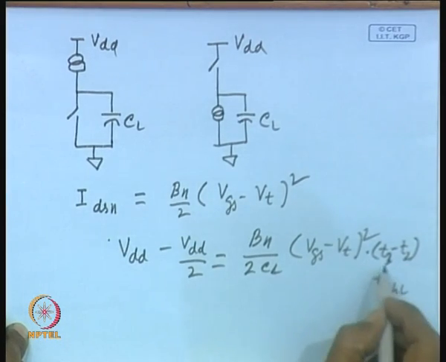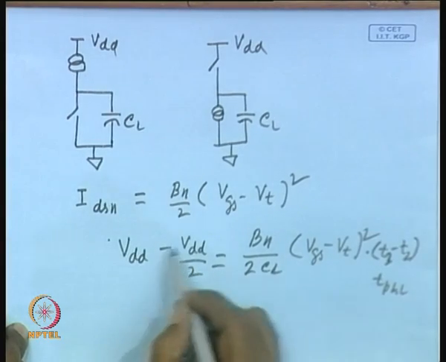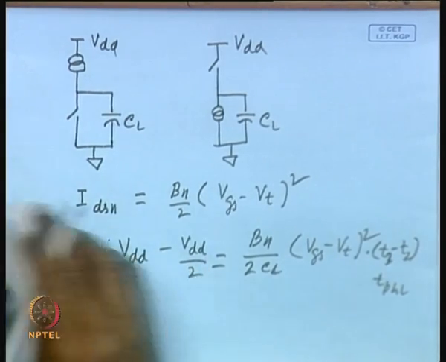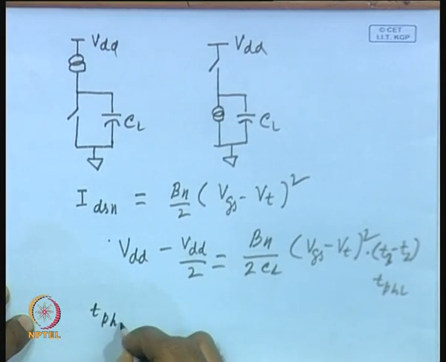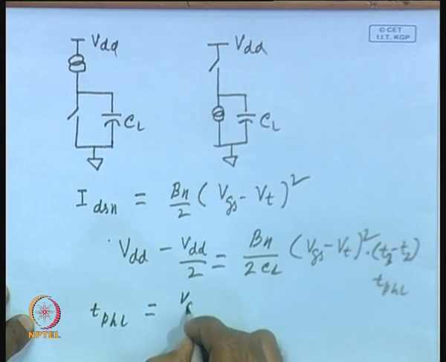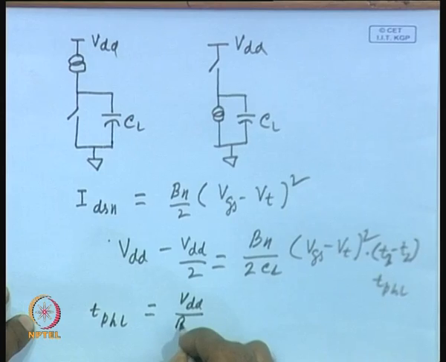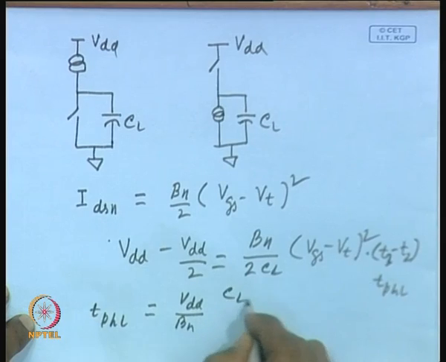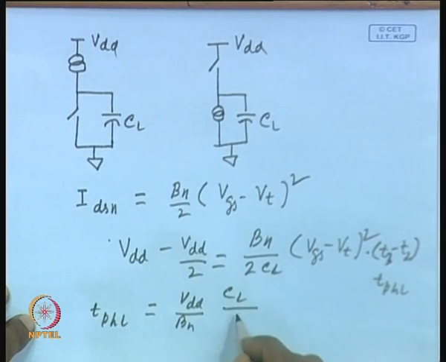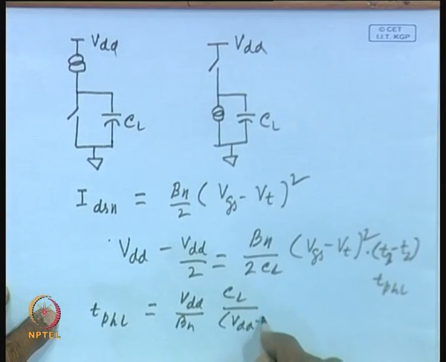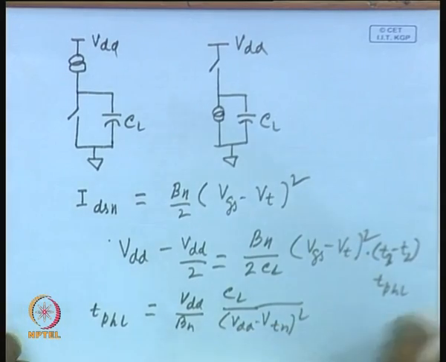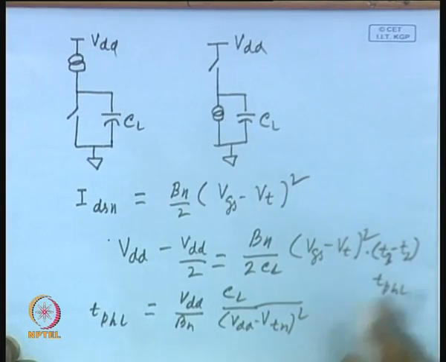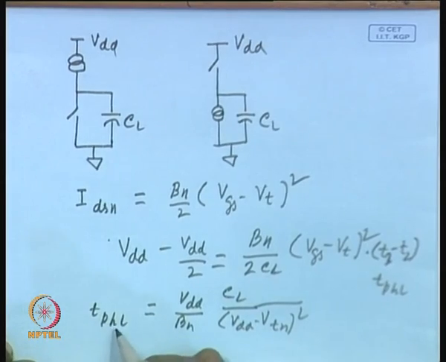If we substitute here, this is VDD by 2, this 2 will cancel out, and we shall have an expression for Tp high to low, that is equal to CL by beta n into VDD, with beta n going to the denominator and CL going up, divided by (VDD minus VTN) square. So, this is the expression that you will get. This is the expression for Tp high to low.